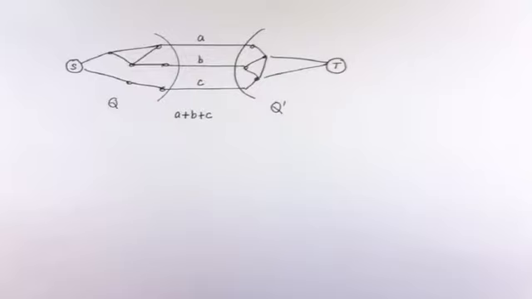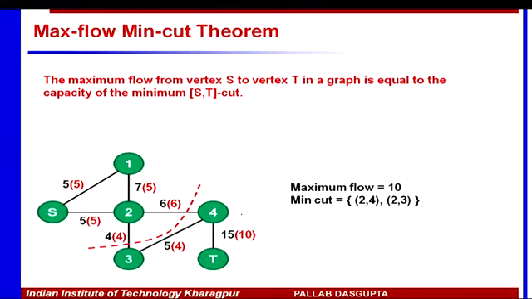Now, this brings us to a very important theorem which is called the max flow min cut theorem. It says that the maximum flow from vertex S to vertex T in a graph is equal to the capacity of the minimum ST cut. Let's try to digest what this says.